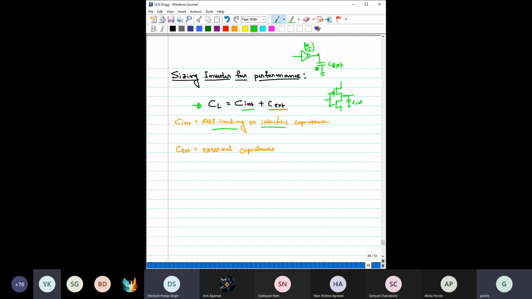And this is the C external. C external is the external capacitance if it is driving a single capacitance, or if it is driving another gate, or maybe two gates, right? So depending on that, in general we can say this is because of the fan out, plus the wiring cap.